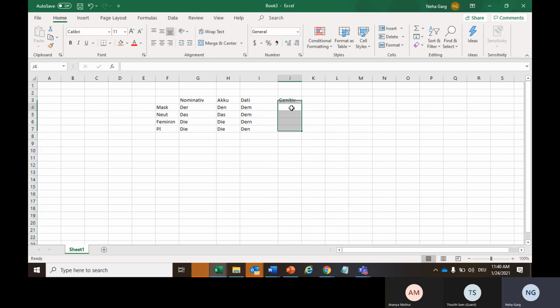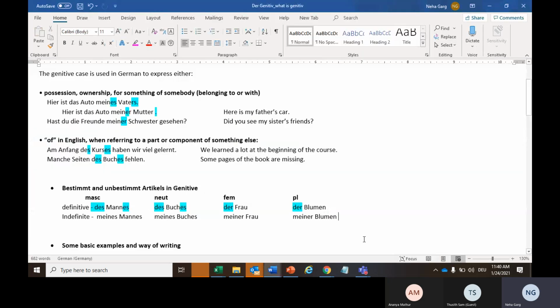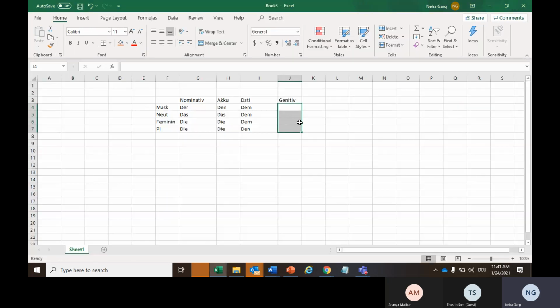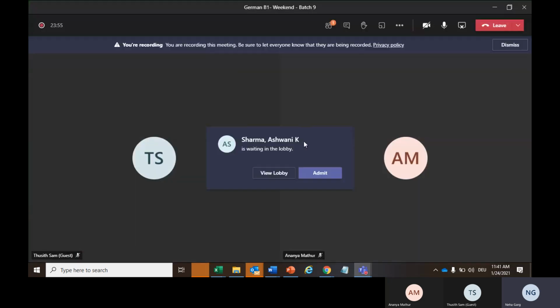Now genitive has a new section altogether, which works like this. Masculine changes to des, and then we add an extra s or es with our noun, so it's des plus es or s. In these three only the article was changing, but in genitive we are changing the article and also adding an extra es or s to the noun.